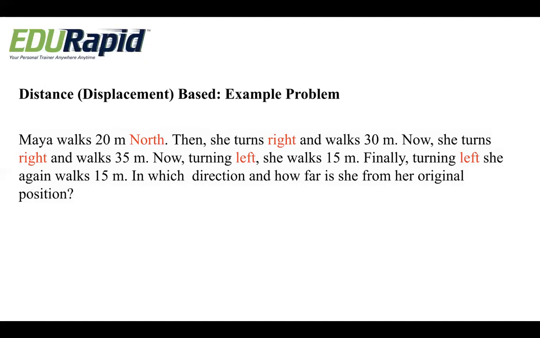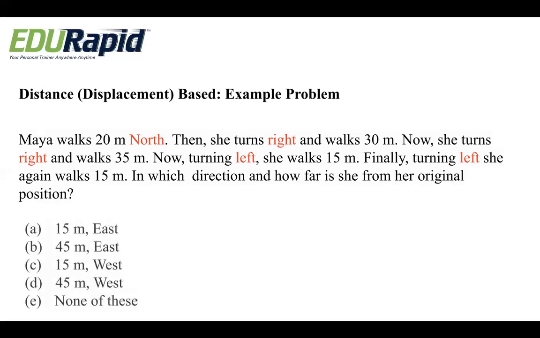Students, I would suggest you try the problem by yourself and tell me the answer, or you can watch the step-by-step solution. The options given are 15 meters east, 45 meters east, 15 meters west, 45 meters west, and none of these. So this is a distance-based or displacement-based problem.